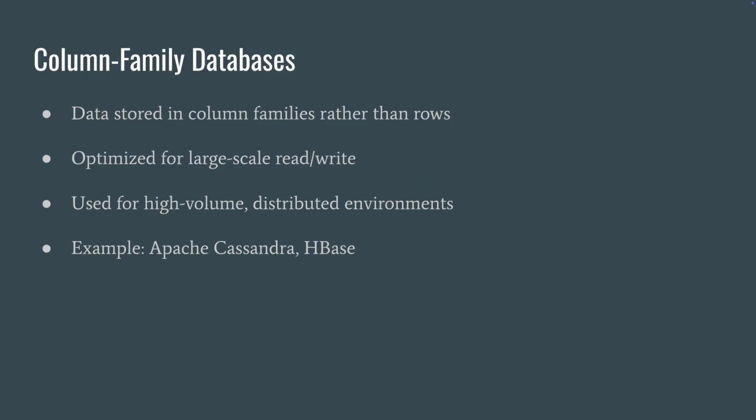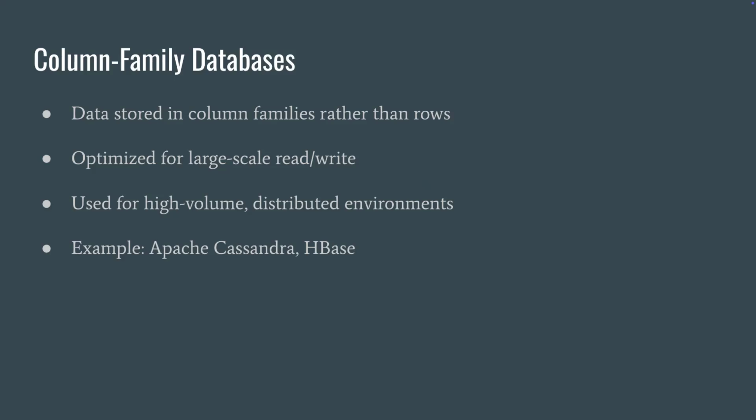By storing related columns together, column family databases can achieve very efficient data compression and rapid reads, especially if your queries typically focus on retrieving related columns.